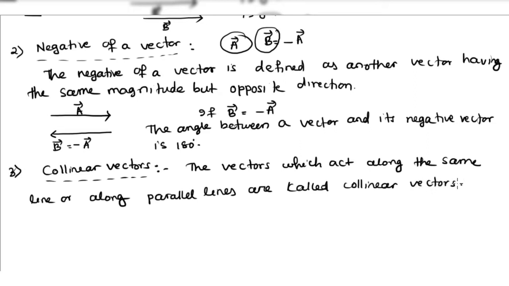Again I am repeating, the vectors which act along the same line or along parallel lines are called collinear vectors.